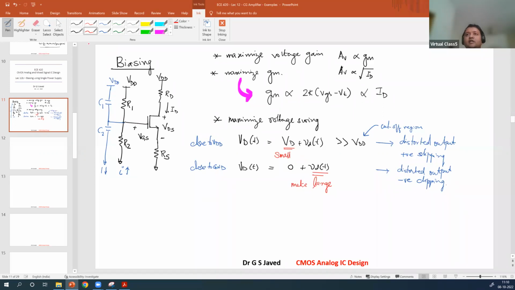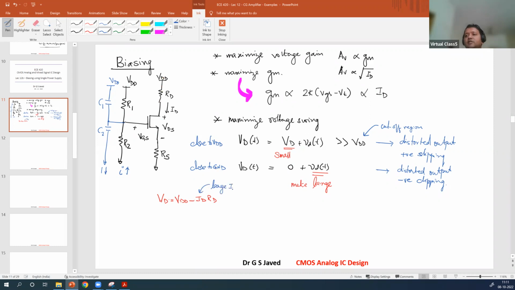So the relationship of VD will be VD is equal to VDD minus IDRD, and this will allow a large ID to flow through.